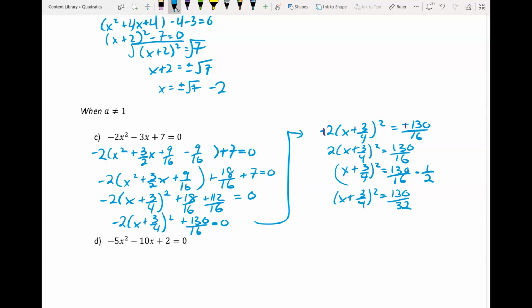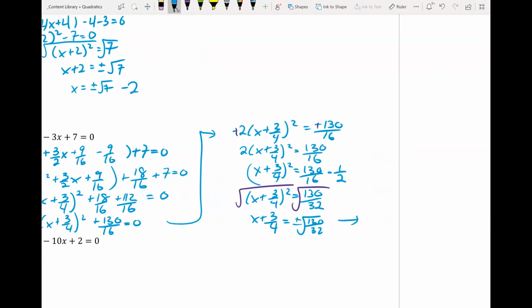And then from here, we can take the square root of both sides. And this becomes plus or minus when I do that. Then finally, I can move our 3 over 2 to the other side.